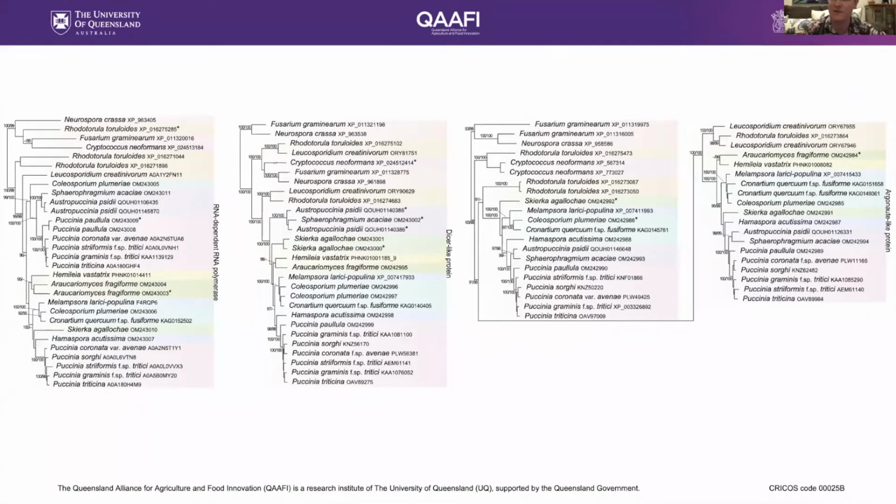Since rusts shared a most recent common ancestor, those genes have gone their own way and they're not really identifiable as orthologs of what's in the Ascomycota, but they're still there as RNAi machinery genes, or gene homologs.